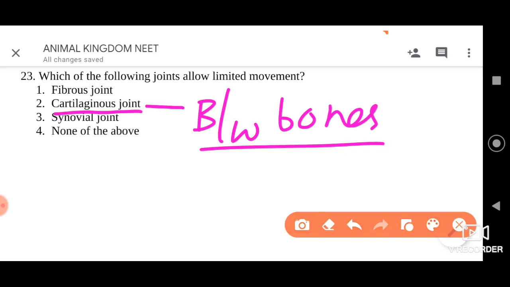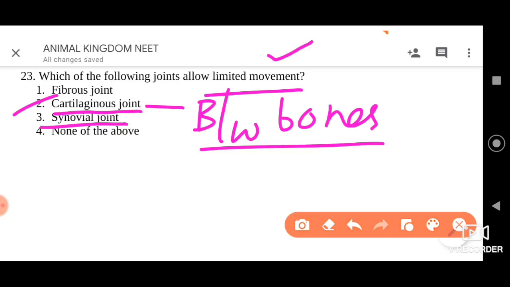So it provides limited movement, very less movement we can say. So it is better than fibrous joint, but not a very high movement can be observed here. So let us say option 2 is correct here, because it is providing us with limited movement.